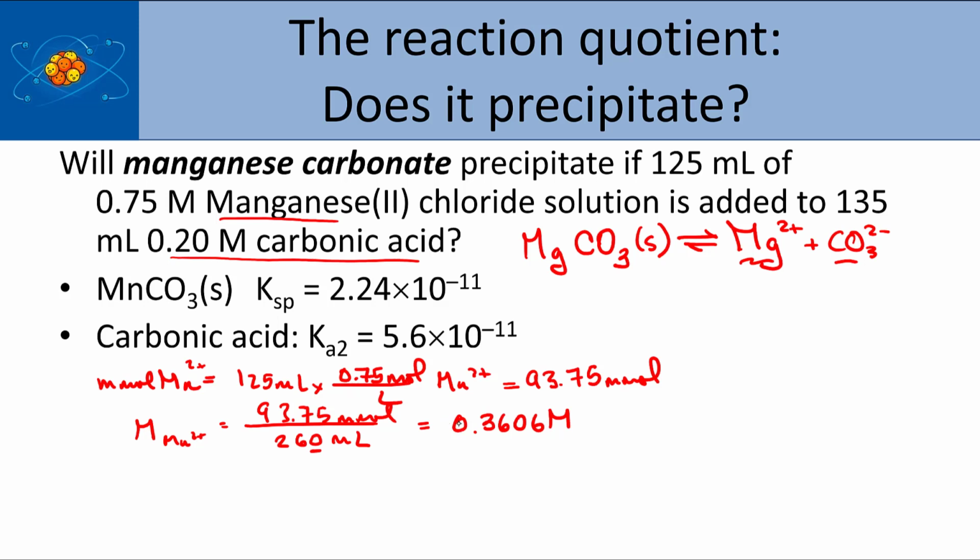And I did this in part to remind you about Ka2 for a polyprotic acid. And Ka2, the concentration of carbonate, is equal to Ka2. So that's equal to 5.6 times 10 to the minus 11 molar.